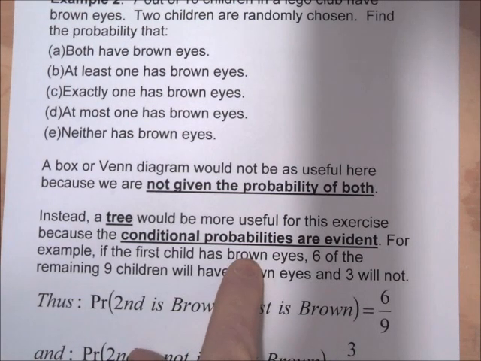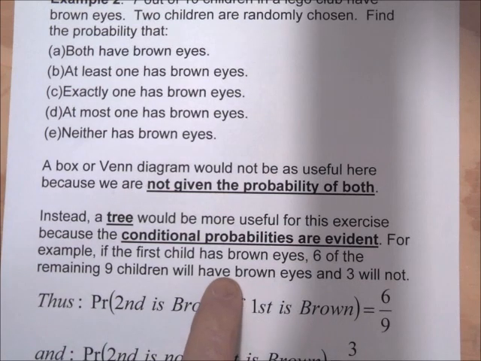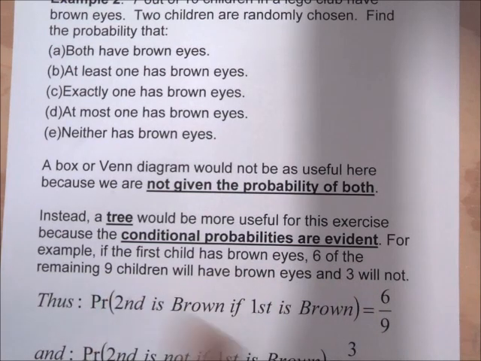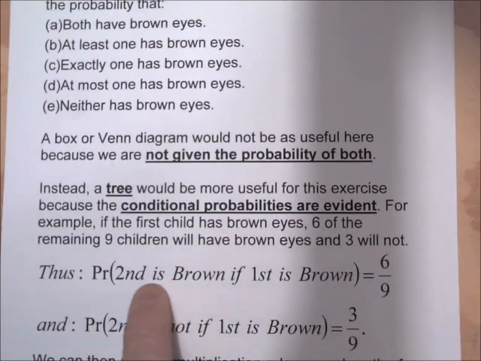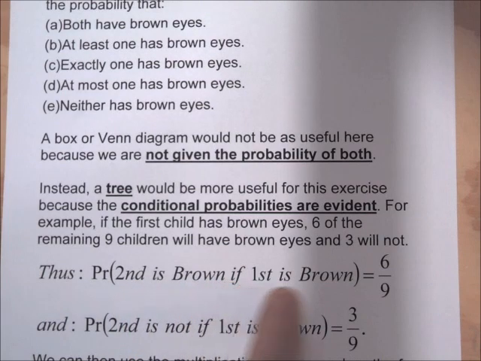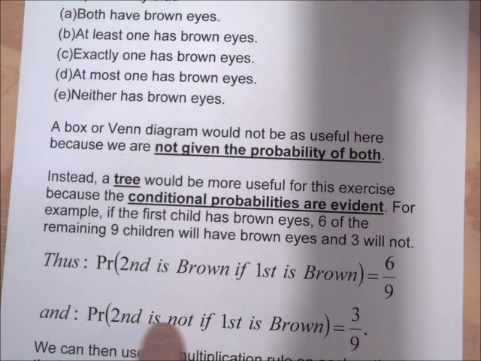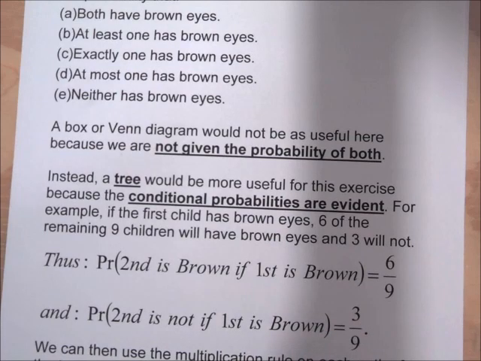Initially, there's a 7 out of 10 chance that a child will have brown eyes. But if the first child picked has brown eyes, there's going to be 9 children left, and 6 of the remaining 9 children will have brown eyes. So the conditional probability that the second has brown eyes, if the first has brown, would be 6 out of 9. And the conditional probability of the second not having brown, if the first is brown, would be 3 out of 9.